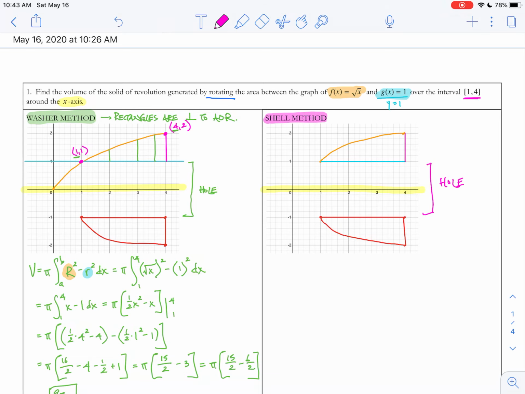With shell method, what we do is we draw our lines parallel to our axis of revolution. So in the first diagram, you can see that those green lines are perpendicular to the yellow line. But now I'm going to draw some pink lines that are parallel to the yellow line.